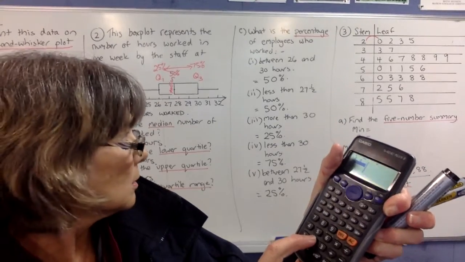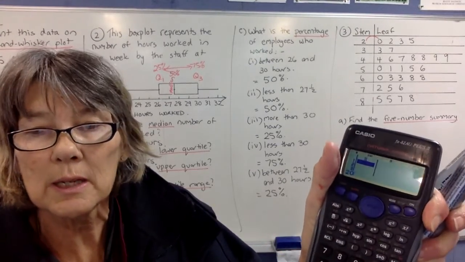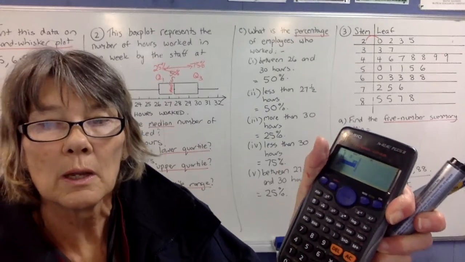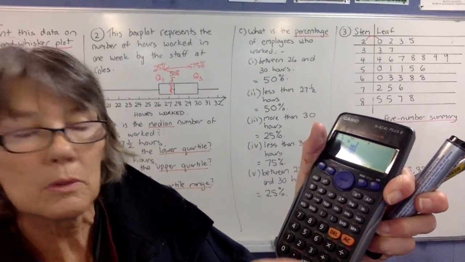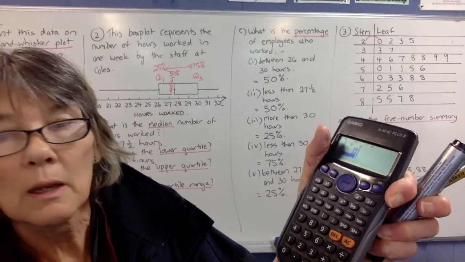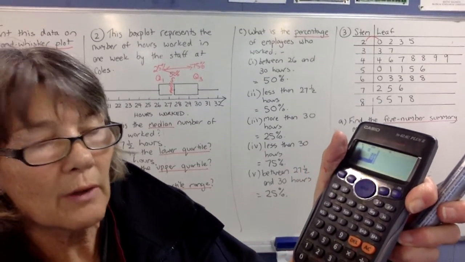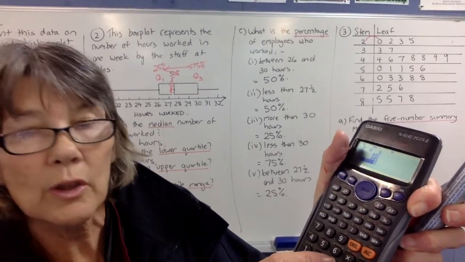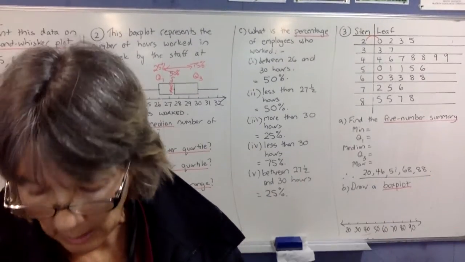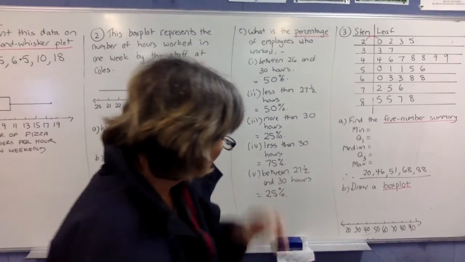So it's 2, 0, so it's 20, press equals. Our next one up the top there is 22, press equals, 23, equals, 25, equals. Then you're on to the second row, so you're doing 33 equals, and I'm not going through all of them.